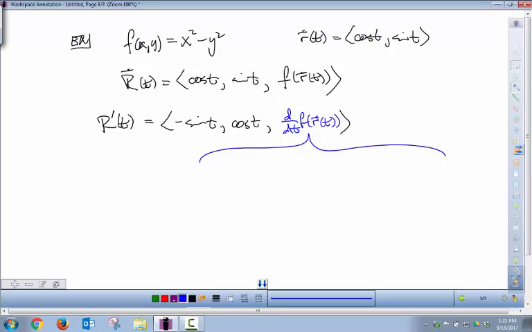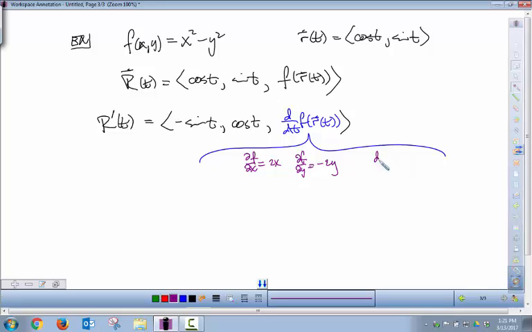We need a few things before we can get started. We need the partials. The partial of f with respect to x is 2x. We need the partial of f with respect to y. It looks like it's negative 2y.